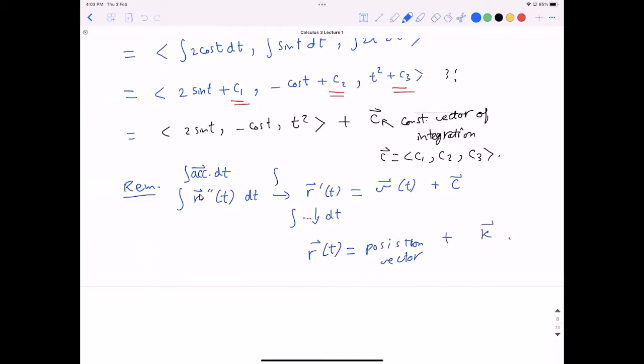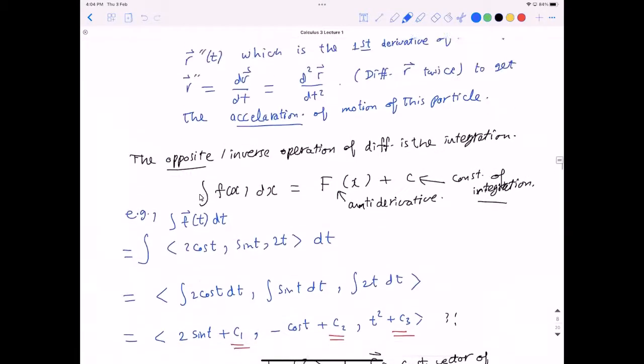So every integral, as we are used to, gives you a scalar constant of integration. Now we get a vector constant of integration. How to find the value of this vector constant? As usual, if we are given initial conditions, we can find and evaluate this constant. This is the constant of integration, but to be noted, it is a vector constant of integration.